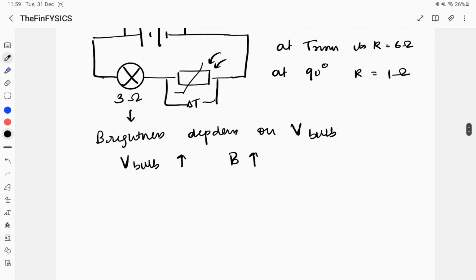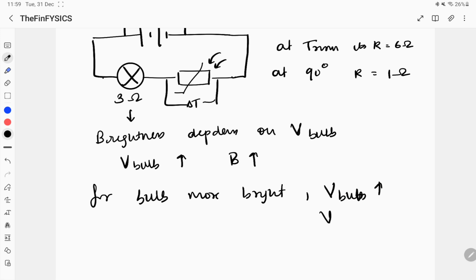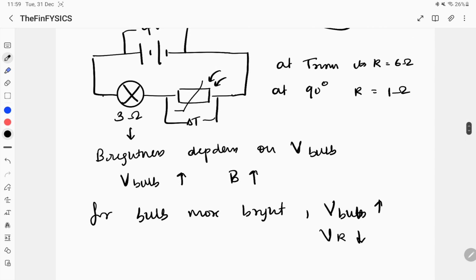Which means for the bulb to be more bright, its voltage has to be more, which means voltage across the resistor has to be less. This is what you need to know. So my output over here is varying, the brightness is varying depending upon the resistance of the resistor.